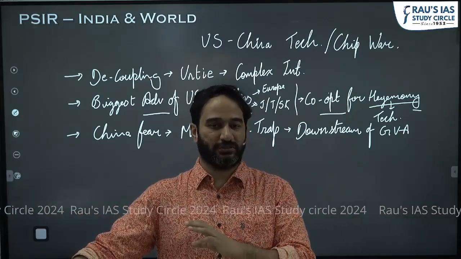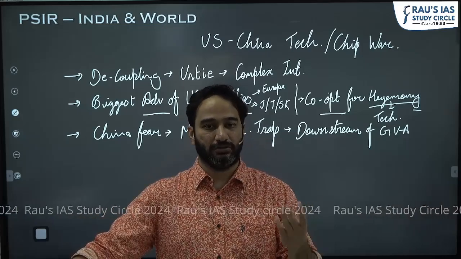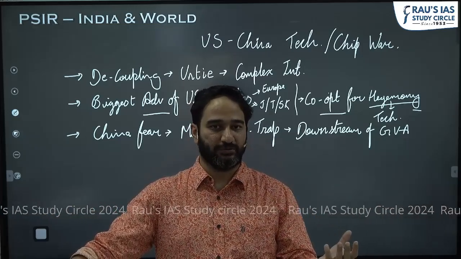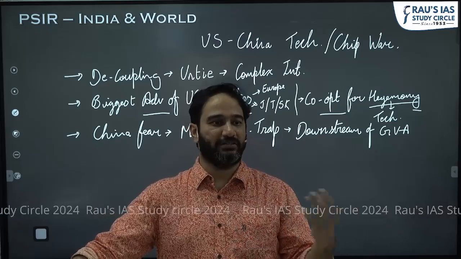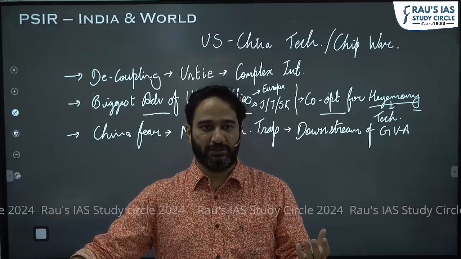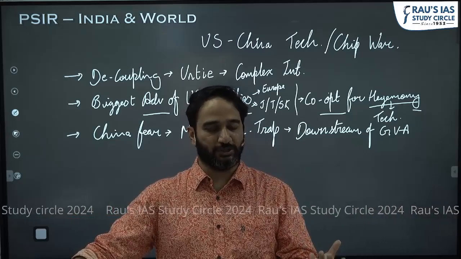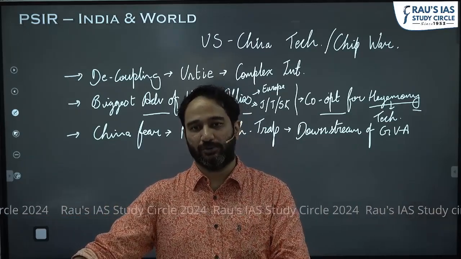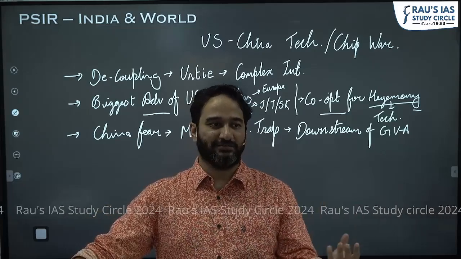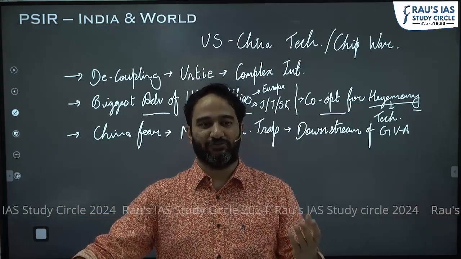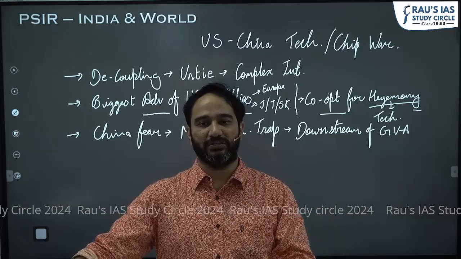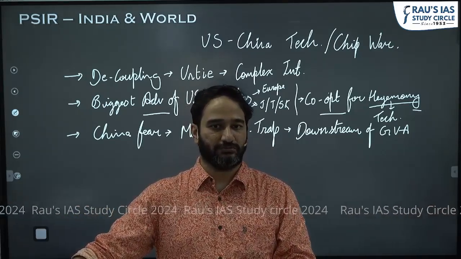Secondly, then the Chinese would never be able to become a superpower and compete with the Americans in terms of global hegemony. Why? Because they don't have the technology. Because they won't have the technology, they won't have the economic strength and the military strength. And therefore, the Americans would win this war.